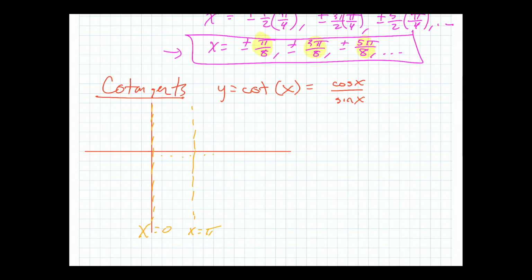Pi. 1, 2, 3, 4. 2 pi. All right, one more. Negative pi. Okay, so let me draw a cotangent here.